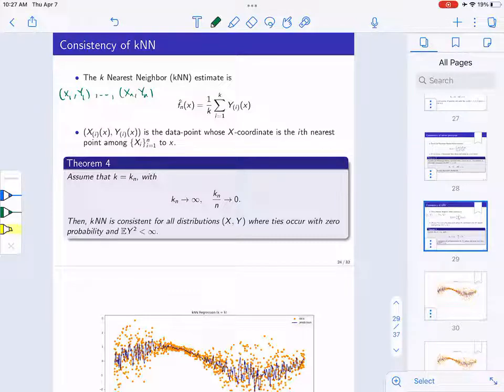This notation is the ith nearest neighbor to little x according to the x coordinate. So I order the data points, both coordinates, but I just order them by how close they are to the little x in the first coordinate. Does that make sense?